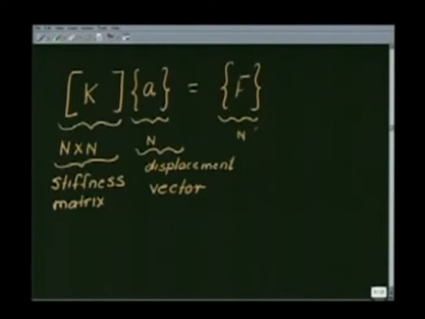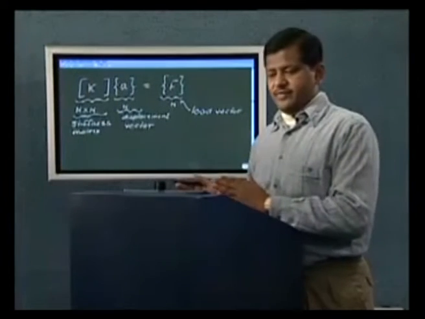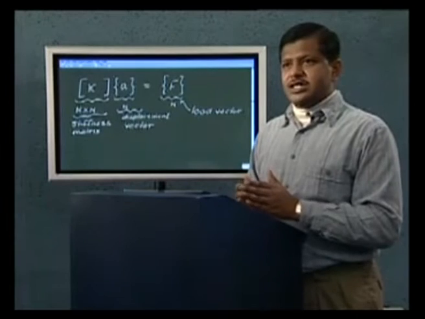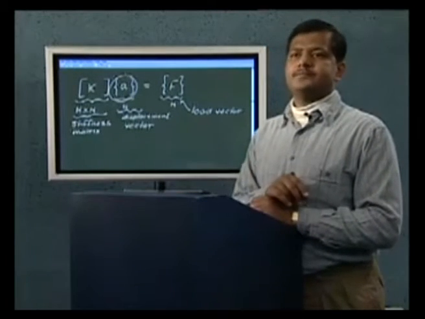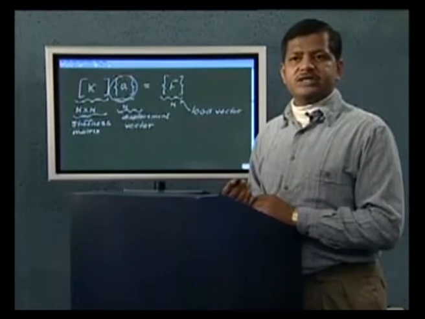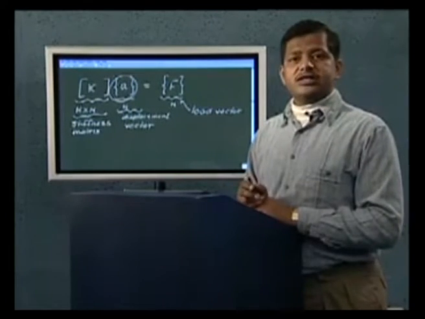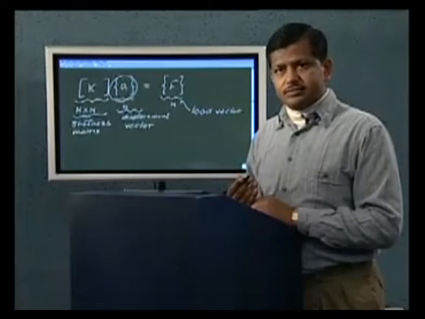And this vector will be called the load vector. So now we have this matrix problem, Ka is equal to F, which, if it can be solved, will give us the unknown coefficients A. So once I obtain the unknown coefficients A, then I know the expression for un of x.